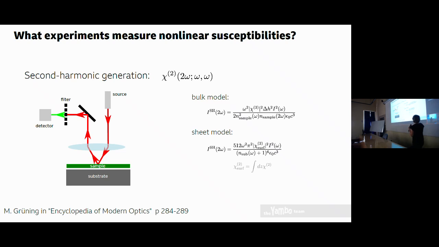This is also relevant for today's tutorial. When we look at second harmonic generation in 2D, we have to look at the surface second order susceptibility. Basically, we have to integrate over the thickness.